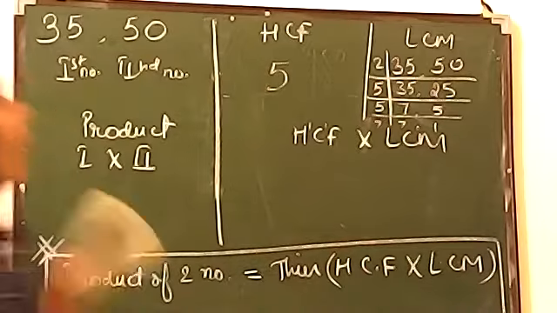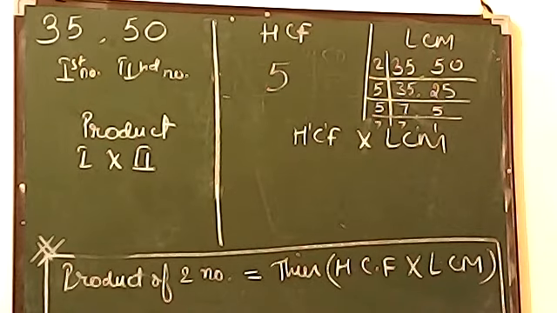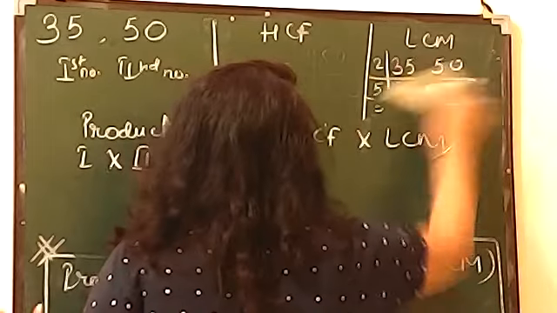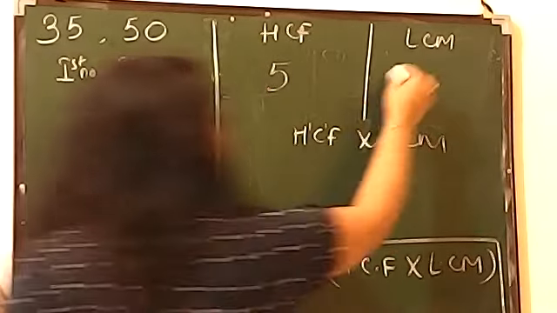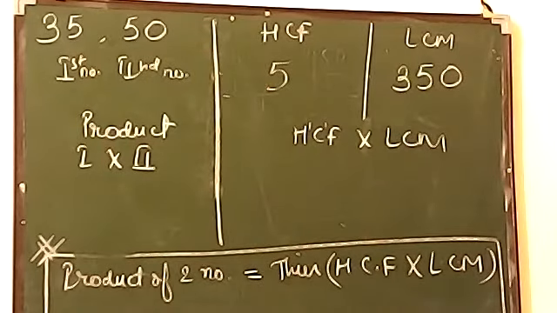It means 2 into 5, 10. 10 fives are 50 and 50 into 7, 350. Are you getting 350 as LCM, students? Tell me. 350. Okay. It means you were also doing it correctly, the number is coming 350 as LCM and SCF is coming only 5.